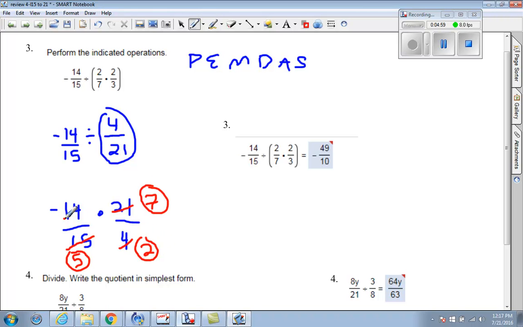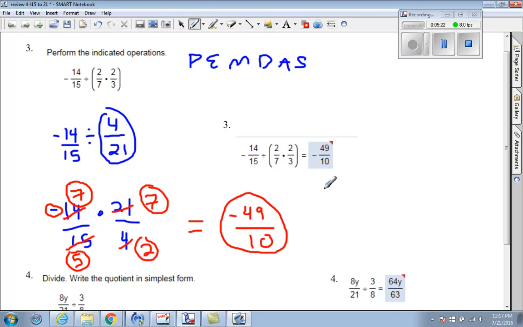Look for common factors. And 2 goes into 14 7 times. And then if I travel straight across, 7 times 7 is 49, but it's negative. Negative times a positive is negative. So I've got negative 49 over, and then downstairs 5 times 2 is 10. And voila, we got the answer.